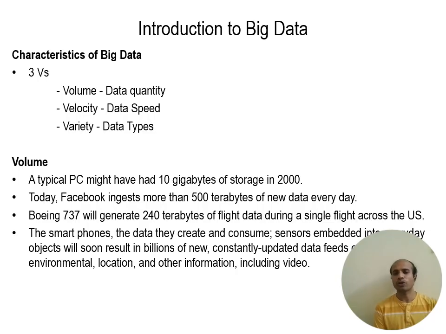So, beginning with volume, it's about the quantity of the data, and velocity is about the speed with respect to the data, and variety is about the type of data that we gather. So let us try to understand these characteristics one by one, beginning with the volume.